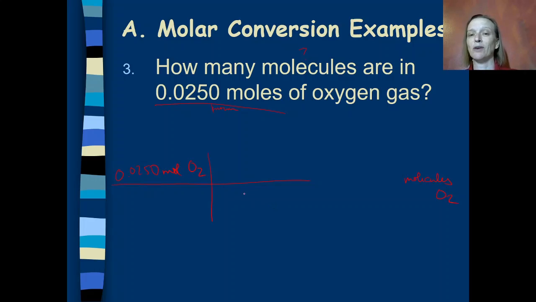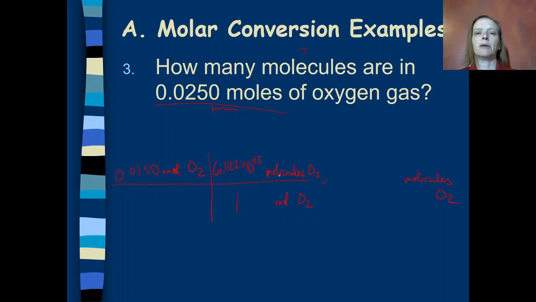I have to get rid of my old units, so moles go on the bottom, and I convert to molecules, so molecules go up top. And then I need to think about what number to write where. 1 mole is the same as Avogadro's number worth of molecules, that gigantic number, 6.022 times 10 to the 23rd.